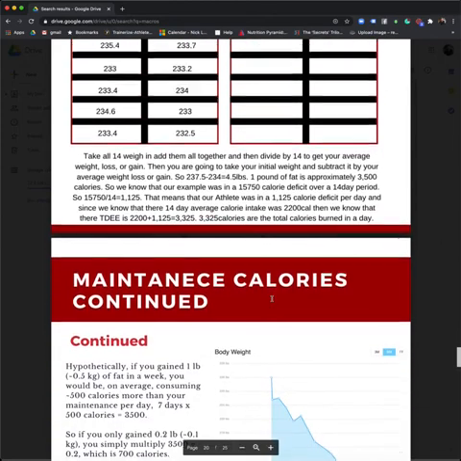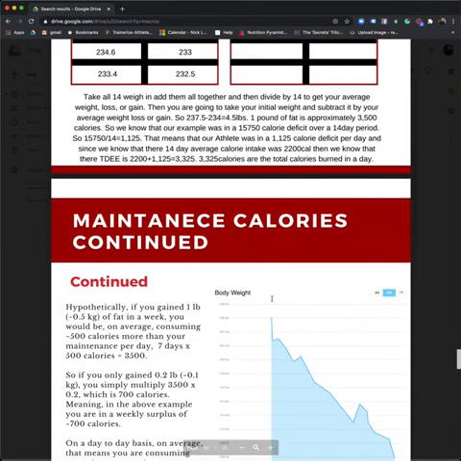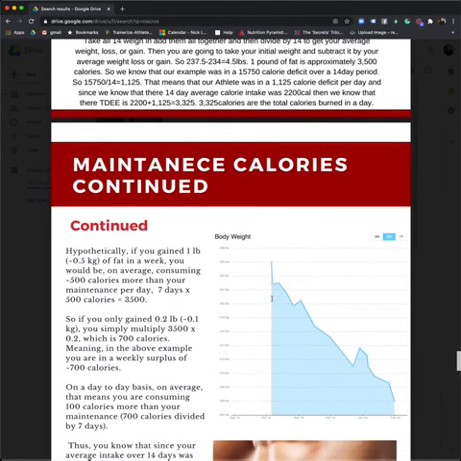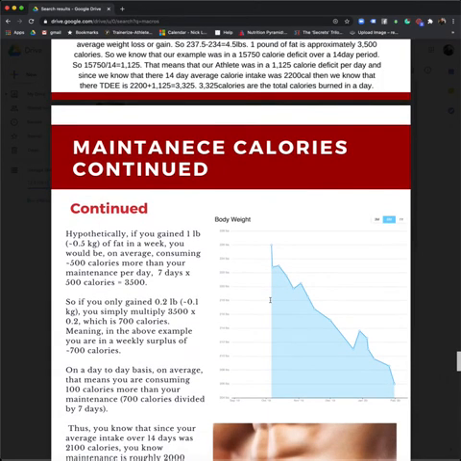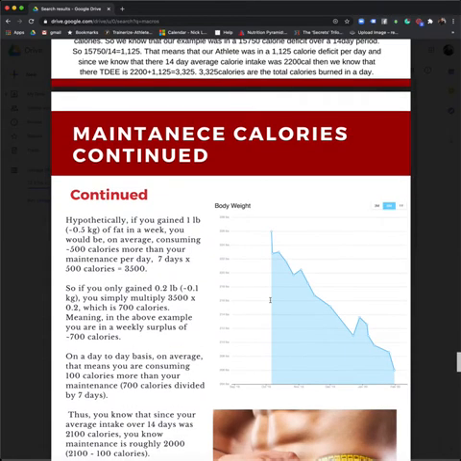Now, say hypothetically you did not lose the weight, right? Say you actually gained a pound of fat. This would mean on average that you're consuming about 500 calories more than your maintenance. So we would do 7 days times 500, which gives us that 3,500, which gives us that pound.